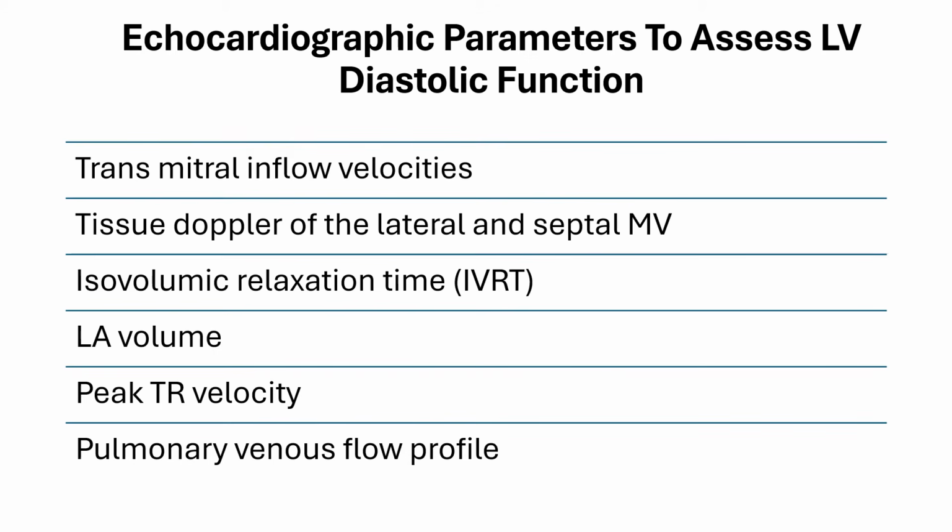Obviously, it is an oversimplified list, and I refer you to ASE or American Society of Echocardiography diastolic guidelines for more in-depth assessment. Obviously, there are some tools which are beyond the scope of this talk, such as, for example, color M-mode propagation and left atrial strain.